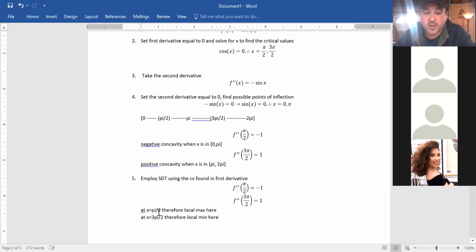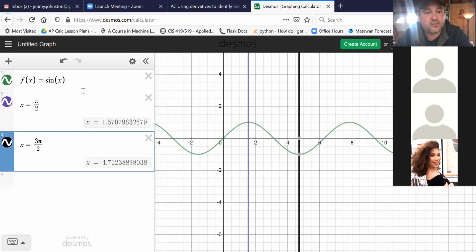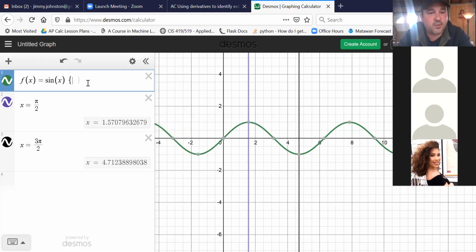So that's really useful. And so this is telling me that I've got negative concavity from 0 to pi, and then we're going from negative to positive concavity, and there's a local max at pi over 2 and a local min at 3 pi over 2. Let's go back to the graph in Desmos and make sure that that's true. So let's restrict it to just the domain we're working with.